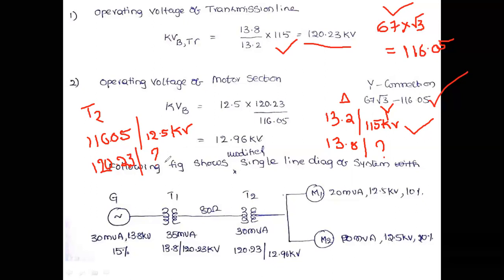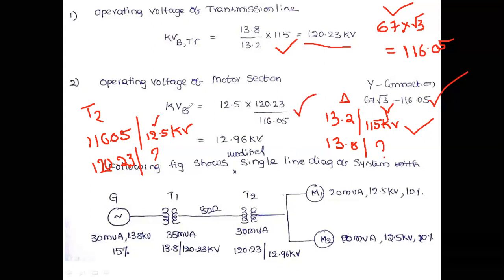Later we are going to change the ratings of the second transformer also. Why? Because we must equate the secondary voltage of the first one to the primary voltage of the second one. For 116.05, this is the secondary voltage. Now for 120.23, what is the secondary voltage of this transformer? 120.23 multiplied by 12.5 divided by 116.05. Now you will get this.